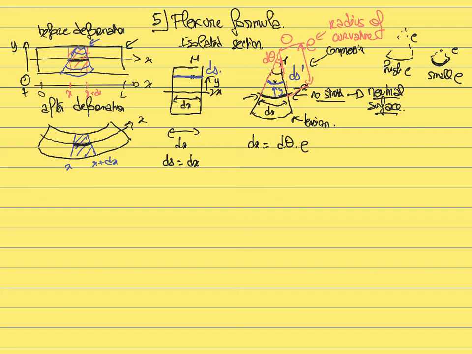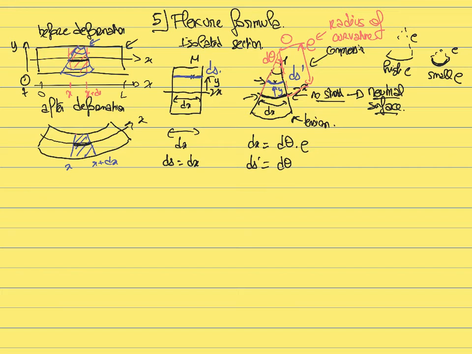I can do the same for ds prime, the new length after the deformation. This is also going to be equal to the angle times the radius. The angle doesn't change, it's still d theta, but now the radius is changing. ds prime is located at a distance y from the axis x.